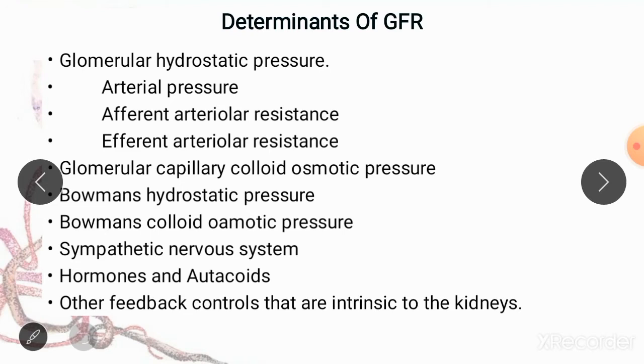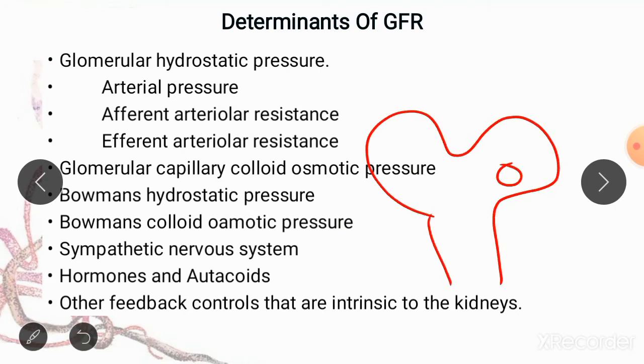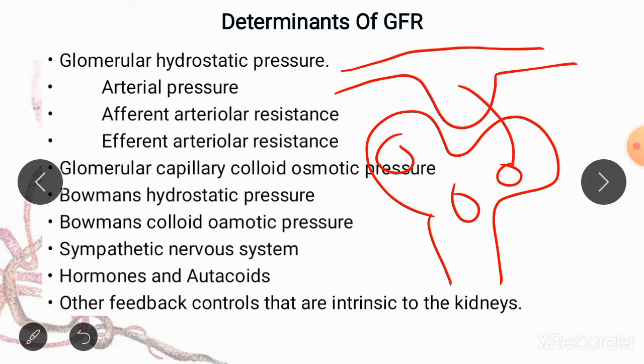Then we have the Bowman's colloid osmotic pressure, which is normally 0 because there are no proteins present in the Bowman's capsule. But if there is abnormal presence of proteins within the Bowman's capsule because of leakage of proteins from the glomerulus into the Bowman's capsule in a condition known as minimal change disease, the proteins within the Bowman's capsule are going to attract a lot of water from the glomerulus and aid filtration and increase GFR.